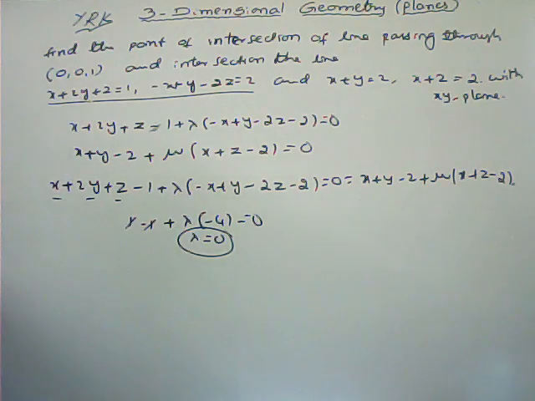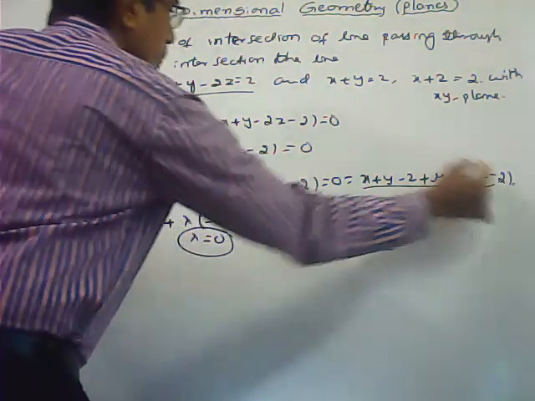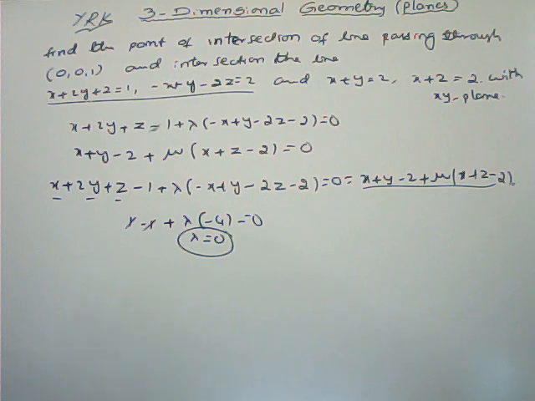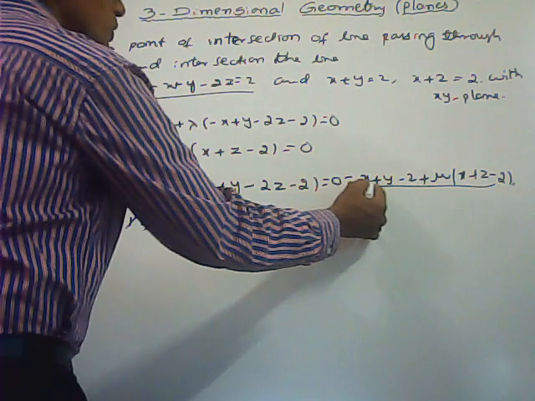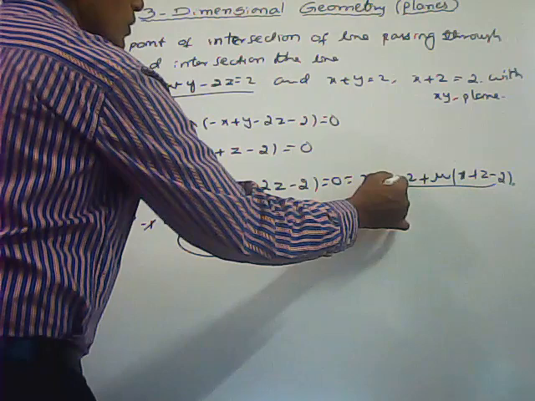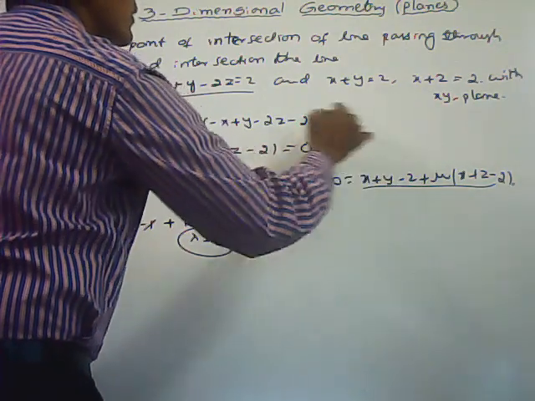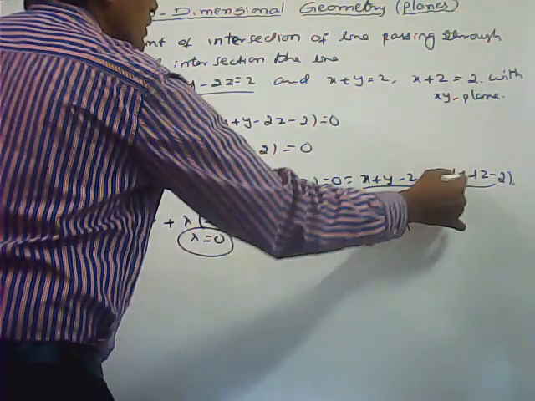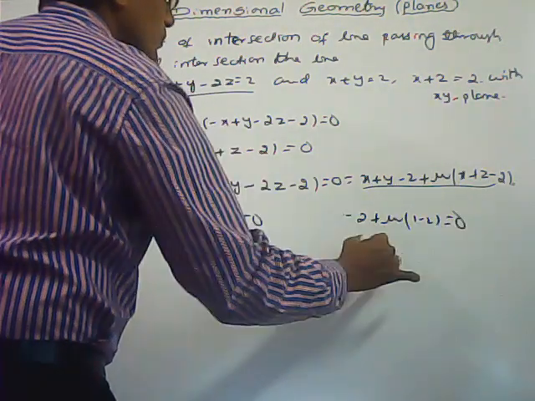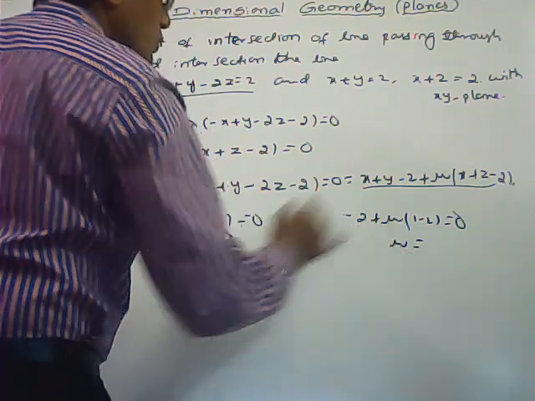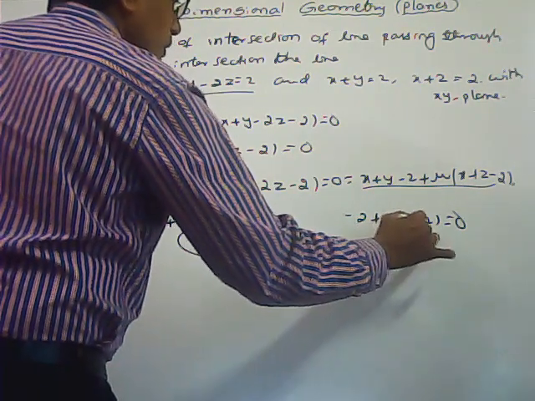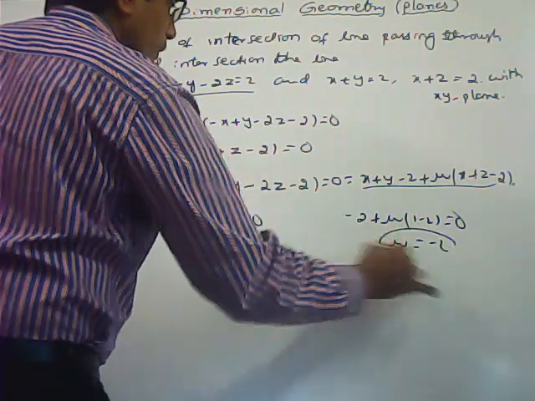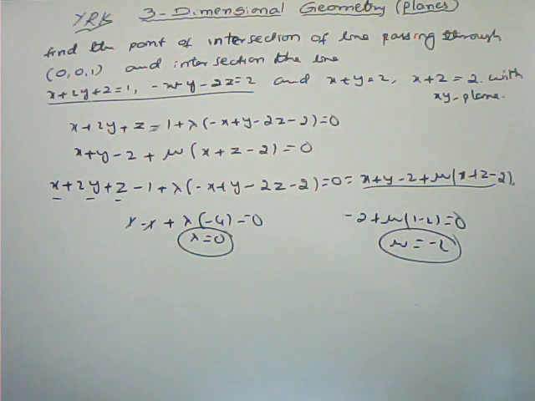And here also in the place of x, y, z put 0, 0, 1: x plus y minus 2 plus mu into (1 minus 2) equal to 0. So mu is equal to how much? Minus 1 minus 2, I think, mu is equal to minus 2. Lambda is equal to 0 and mu is equal to minus 2.